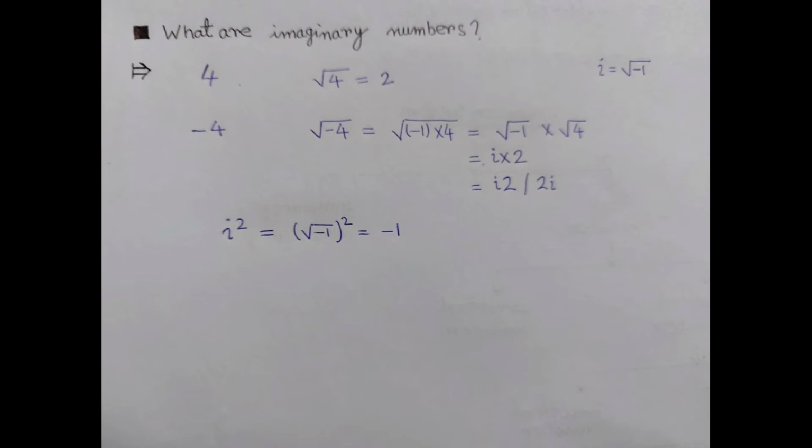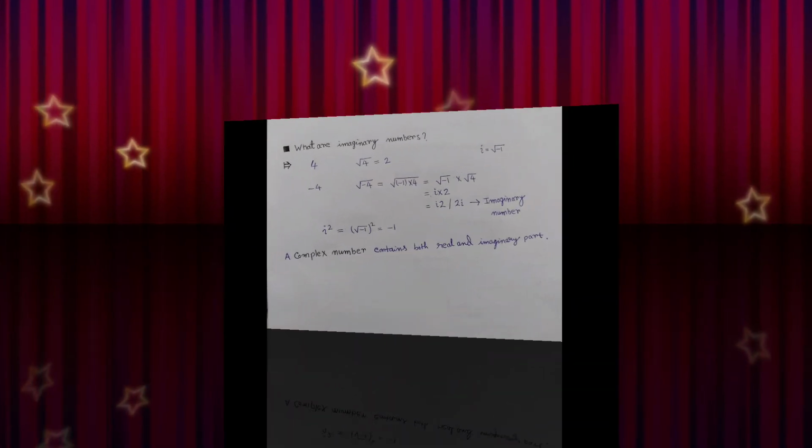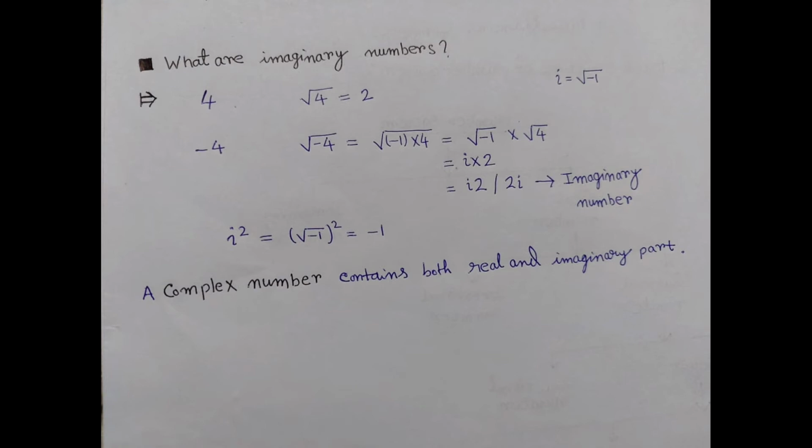So we saw that i is a number whose square value is minus 1, a negative number. But in our real situation, we don't have this type of situation. So i is called an imaginary number. And you have to remember that any real number multiplied or divided with i also gives an imaginary number. So 2i is also an imaginary number. If we add or subtract a real number to an imaginary number, we get a complex number.